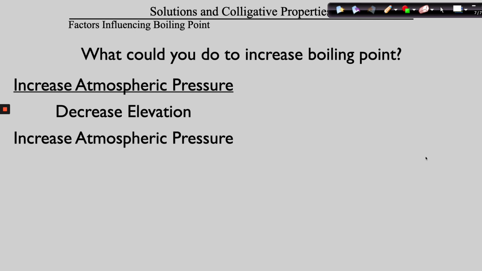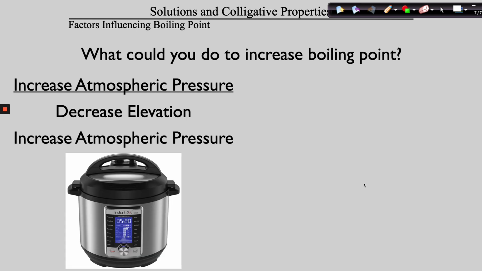So guys, what do the mountaineers do in order to cook their food way up high? No, guys, and this is obviously not exactly the way they do it, but this is what you're going to be familiar with. An Instapot.